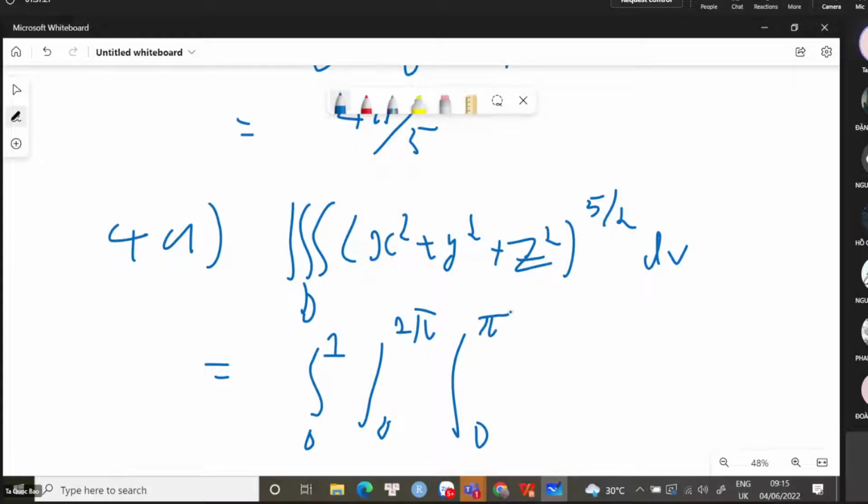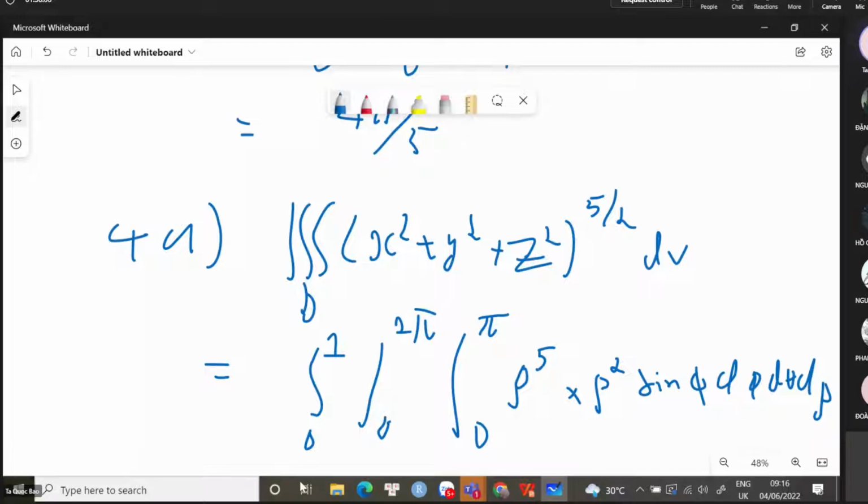Okay, this is rho power 2 to the power 5 over 2, therefore rho 5. Here rho power 2 times rho power 2 sin phi d rho d phi d theta.